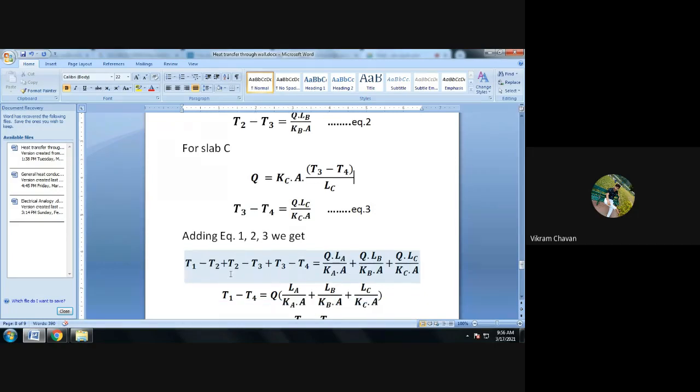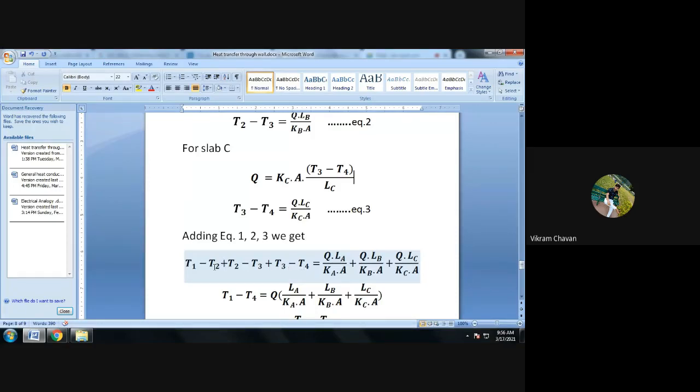From equation number 1, the temperature difference is T1 minus T2, from equation number 2, the temperature difference is T2 minus T3, and from equation number 3, the temperature difference is T3 minus T4.